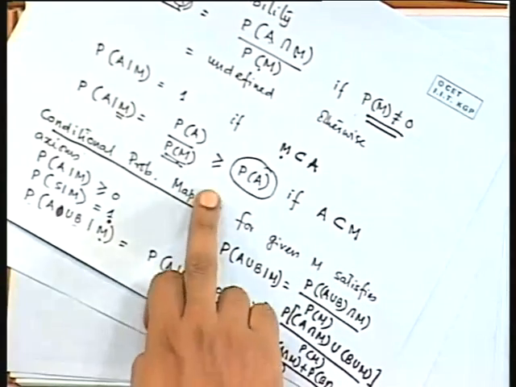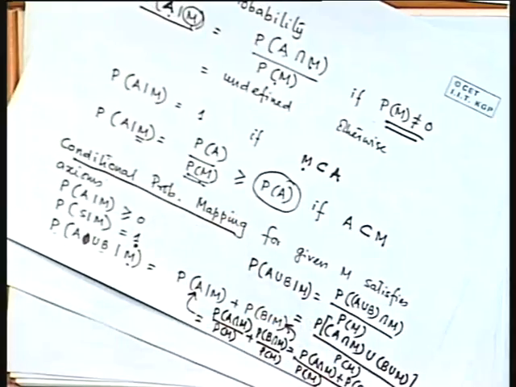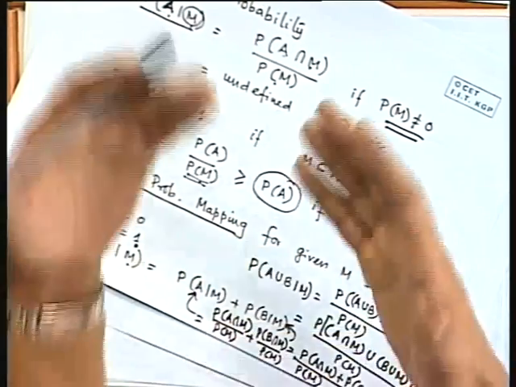So you see that this conditional probability mapping is itself a probability. It satisfies the axioms. Whenever you define a new way of assigning probability, it must satisfy the axioms, right? So that is that.